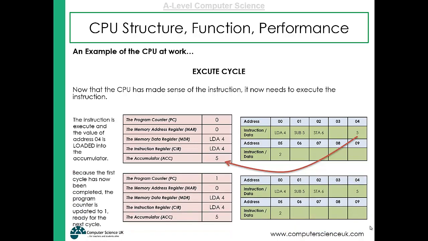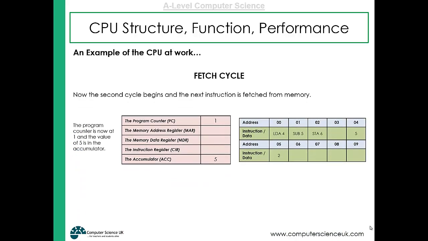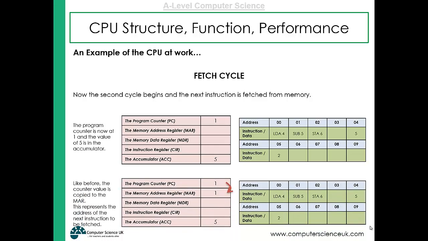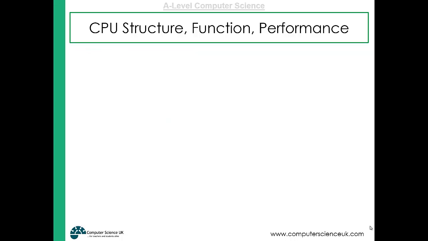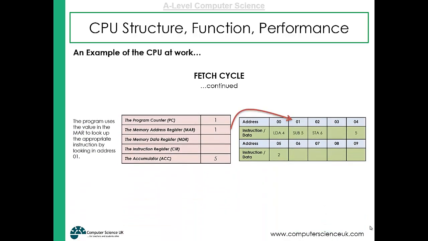So the program counter goes up by 1 because we're on to that second cycle. And now we're ready to go again. Using the program counter to keep track of which addresses we need to be looking in to get through the instructions, the 1 moves to the memory address register, into the MAR. Now the CPU knows that it needs to fetch the contents that is at address 1 in the RAM.